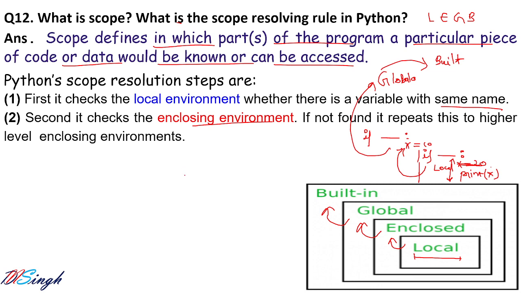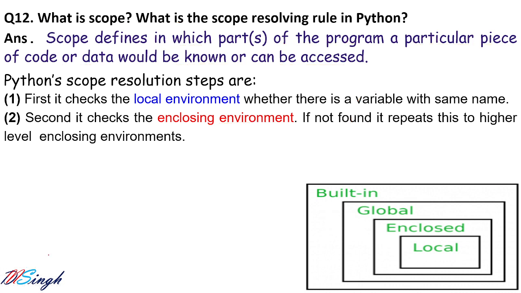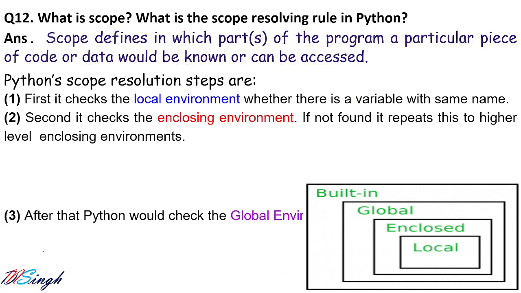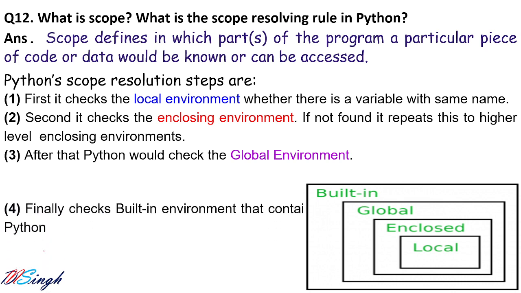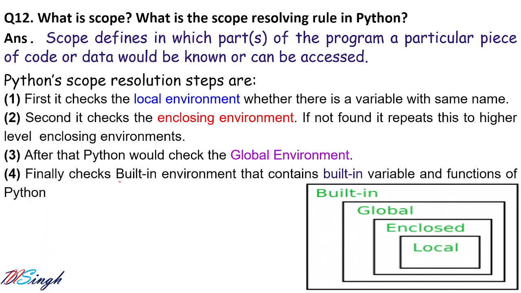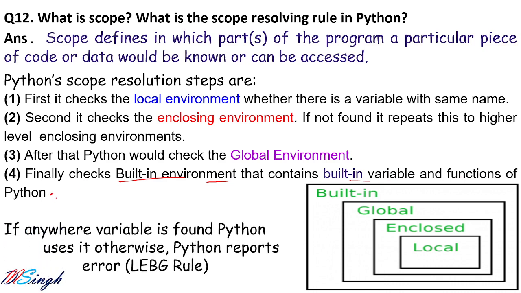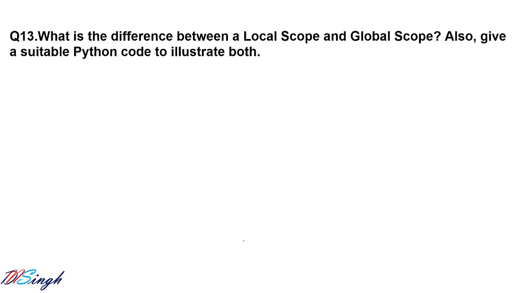So this is the way Python tries to resolve the name, and this is called name resolution. Second enclosing, third global environment, finally it checks in the built-in environment that contains built-in variables and functions of Python. Next, if the variable is found anywhere, Python uses it, otherwise Python reports the error that the variable is not present.